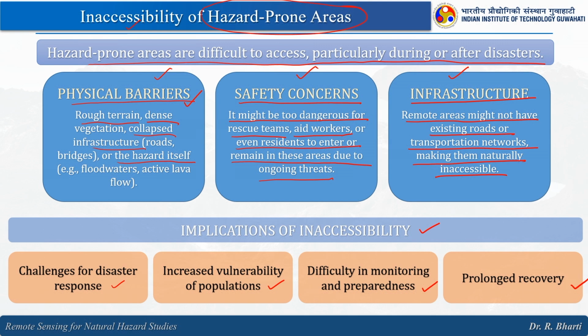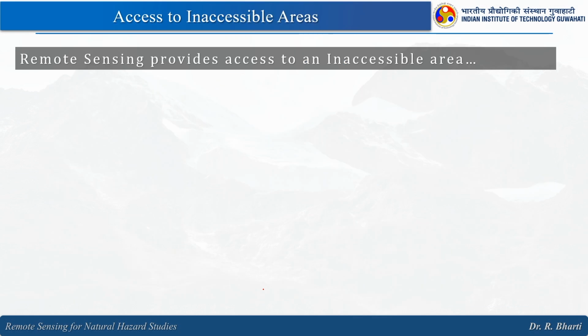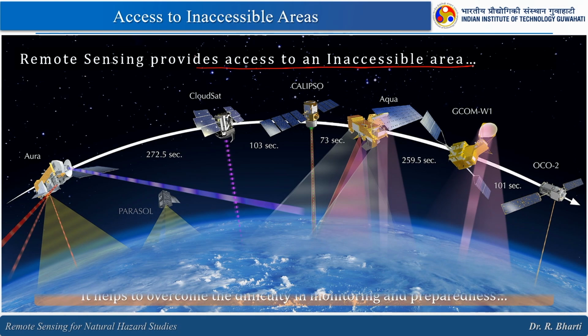So, at least with the remote sensing data set, we can have the monitoring and preparedness beforehand, right. Remote sensing provides access to an inaccessible area. It helps to overcome the difficulty in monitoring and preparedness, and with the help of all these satellite images, we have different parameters for inaccessible areas that can be used to model a particular natural phenomenon.